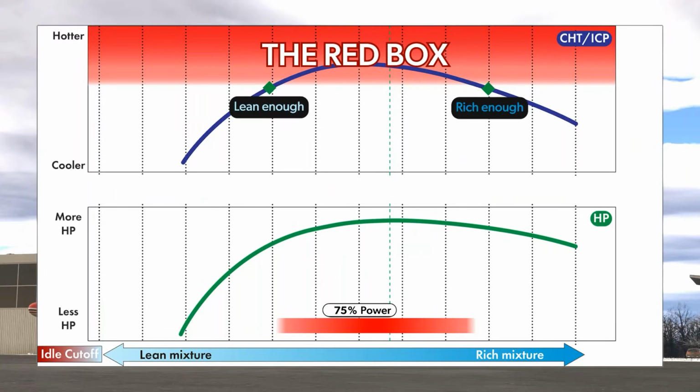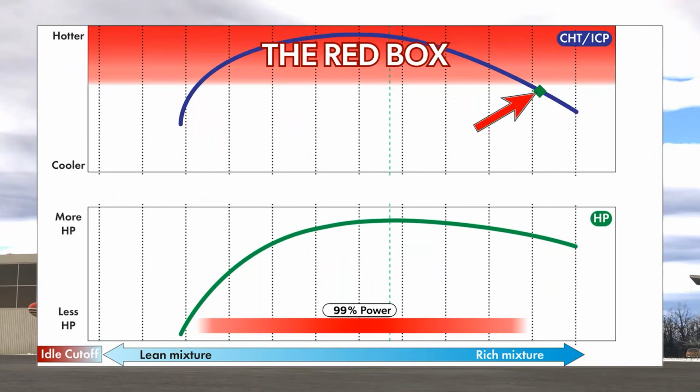So there's a whole range of mixture settings in the middle that are potentially not going to be great for the engine. So while it seems logical to pair some go-fast goals here, the 75% cruise power with the best power mixture, you can see that the problem here is you're potentially doing some damage.